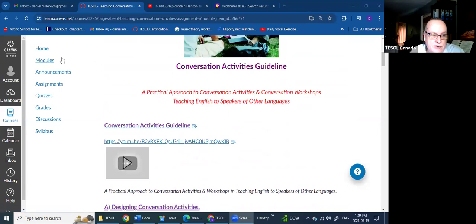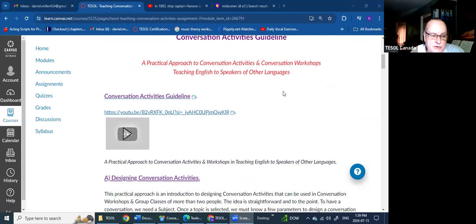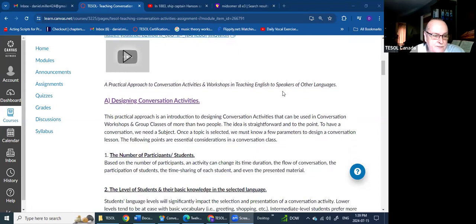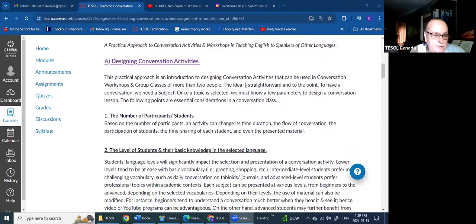This is under modules, and it's down a fair way under modules, but you'll see it where it says Teaching Conversation Activities. So this is a practical approach as an introduction to designing conversation activities that can be used in conversation workshops and group classes of more than 2 people.